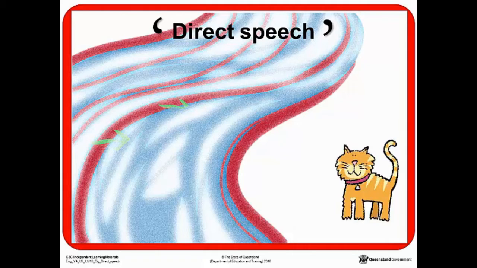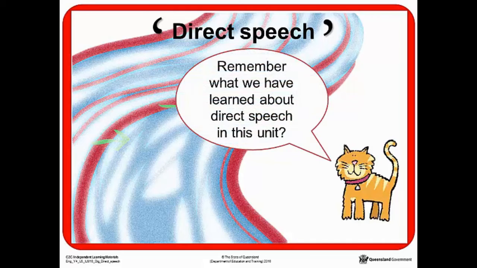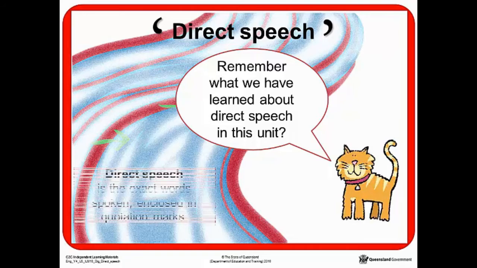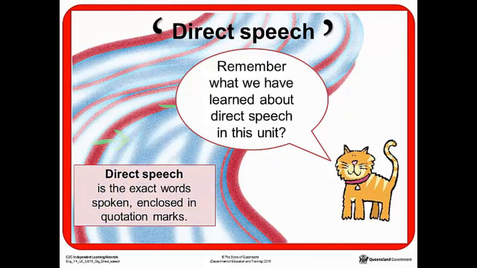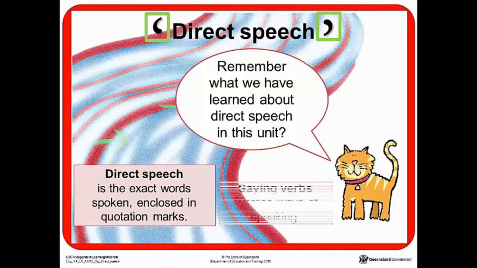Hi there. In this video, we're going to be looking at how to include direct speech in traditional stories to add details about the characters. Remember what we have learned about direct speech in this unit? We've learned that direct speech is the exact words spoken by characters and is indicated by the use of quotation marks.